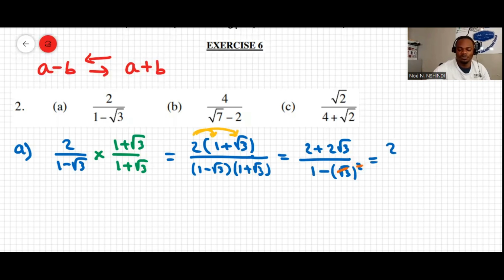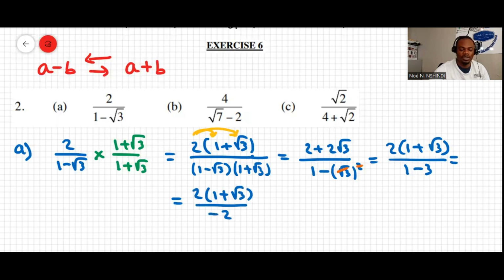Let's keep the numerator as it was before, 1 plus root 3, over 1 minus 3, right? And that makes 2 open bracket 1 plus root 3 over negative 2. And then this will be equal to negative 1 minus root 3. Okay, that's the answer.